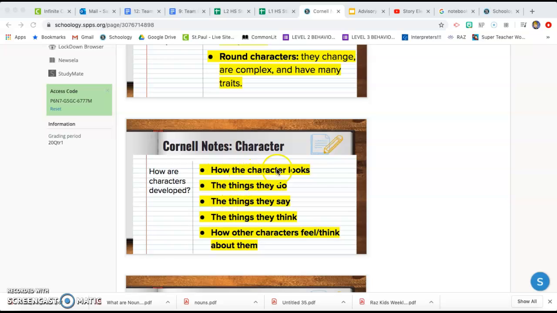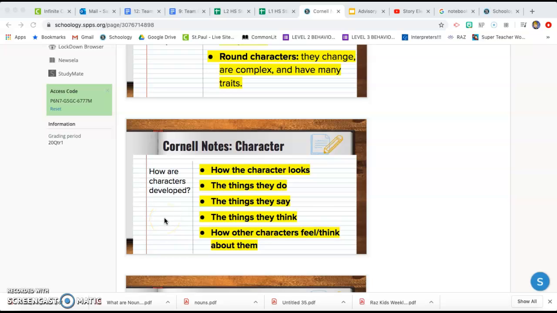How the character looks, like Camilla Cream changes her looks. The things that they do, and the things that they say. Sometimes it's the things that they think, or how other characters feel or think about them. These notes are how characters are developed.